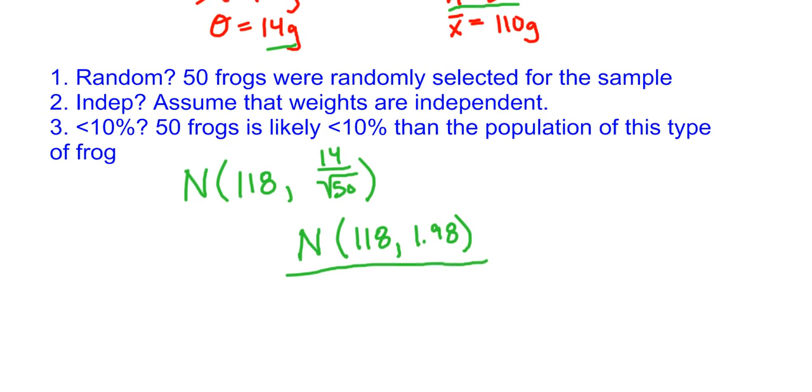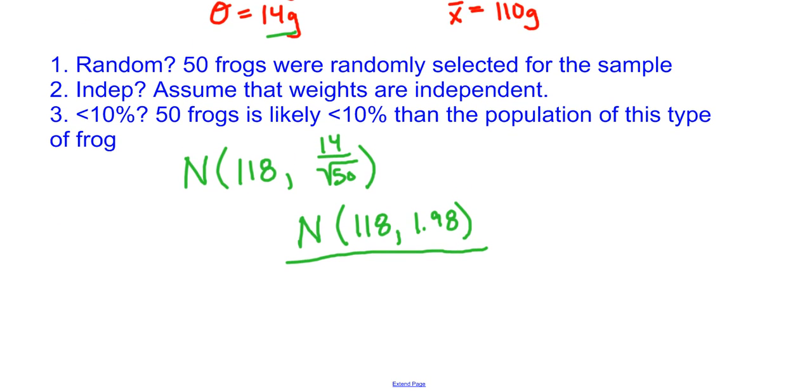To tell whether something's abnormal or not, we want to address the issue of how far away from the mean it is. So we're going to look at our data point, which is our X bar, compare that to the mean of our distribution, and then divide by the standard deviation.